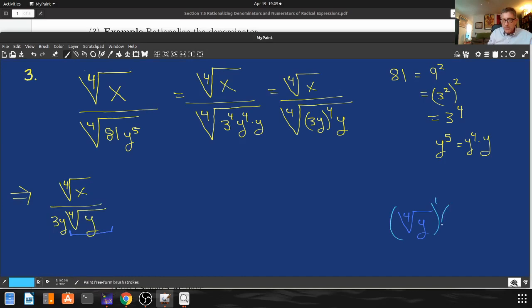So I want to multiply it by the fourth root of y by another power, such that 1 plus that other power gives me 4. So the answer here is 3. So what I'm going to do is multiply top and bottom by the fourth root of y, and this is going to be raised to the 3rd power.